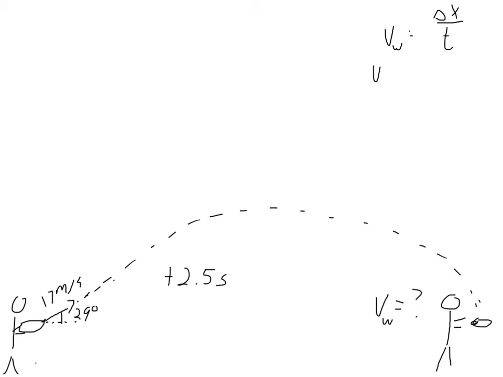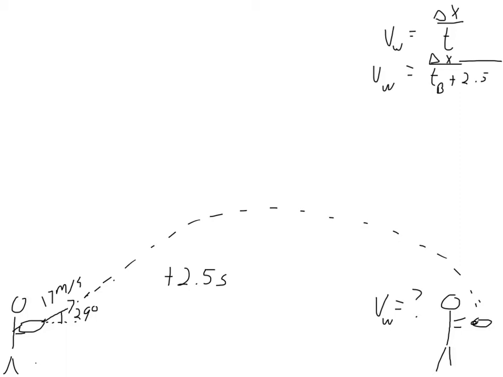Now, the time it's going to take, delta x, how far he has to go, divided by, and I'm going to divide this into two things, time of the ball plus 2.5 seconds, because that's the total time he has to run, 2.5 seconds plus the amount of time the ball is in the air. So if I can find the time that the ball is in the air and delta x, how far the ball actually travels in the x-axis, then I can calculate the velocity of the wide receiver.